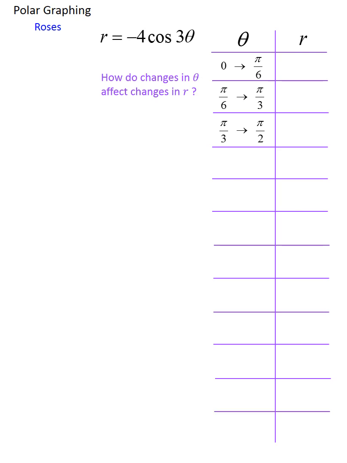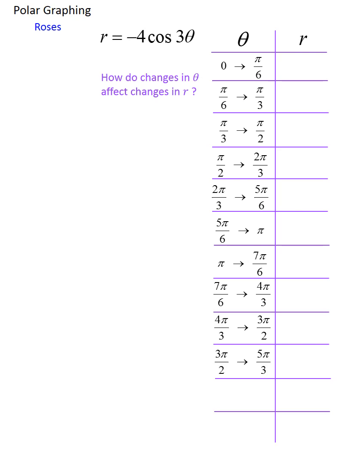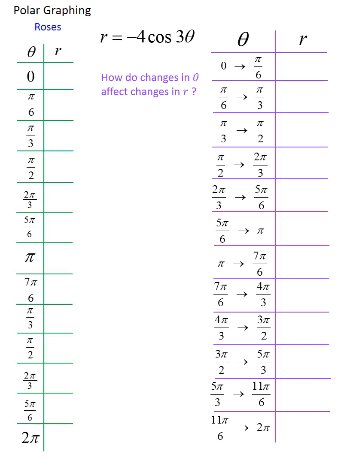So I'll need a much longer table to handle this, and what I'm going to want to do here is analyze theta in 30-degree increments because of my 3 theta. Because every time theta changes by 30 degrees, 3 theta changes by 90, and that will give me the quadrant by quadrant analysis.